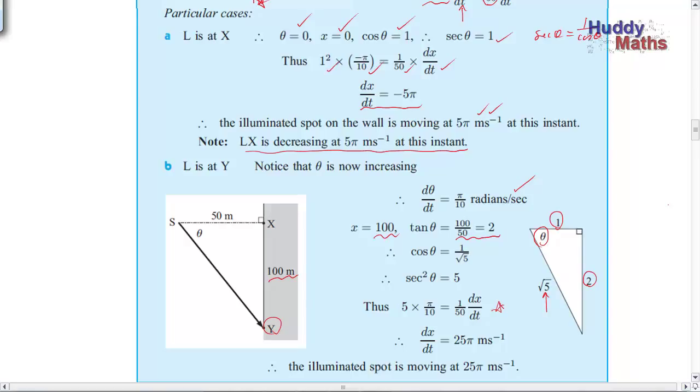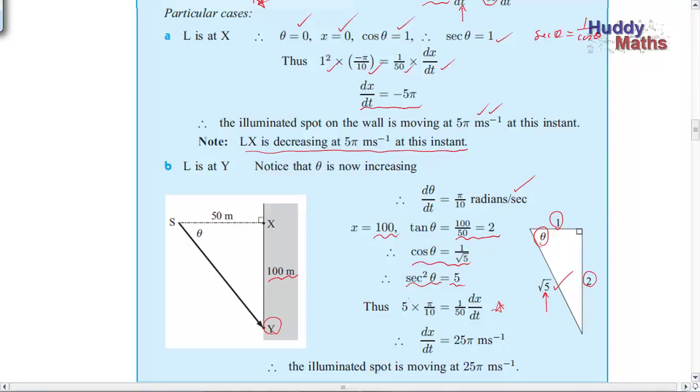We don't have to go with technology and find that angle in radians at the moment. We'll do that in a minute. Here the cos of theta is the adjacent over the hypotenuse, worked out with Pythagoras, so therefore sec is 1 on cos, which is 1 on root 5, which is root 5, and squared it is 5.